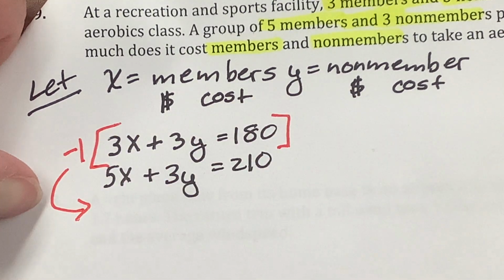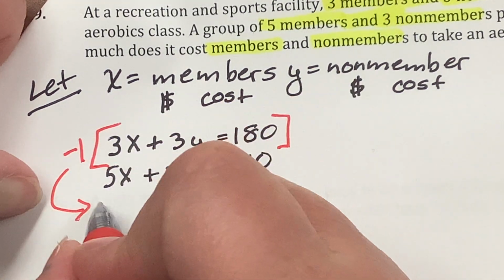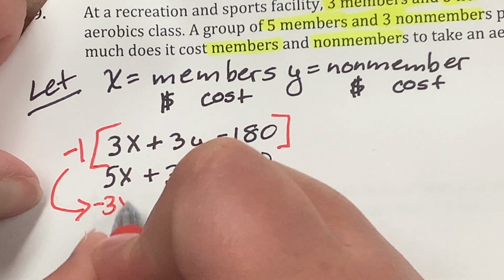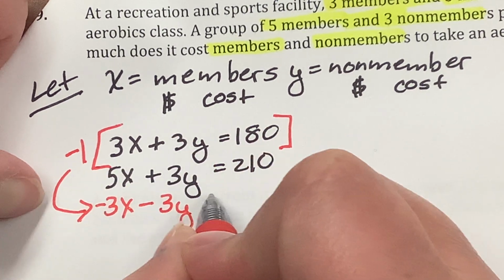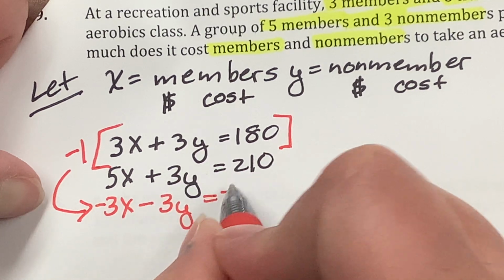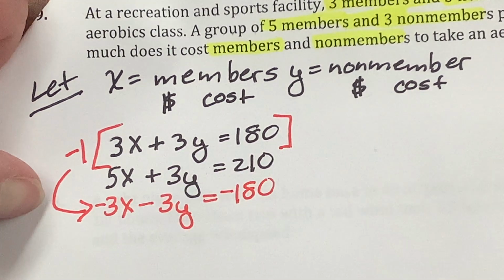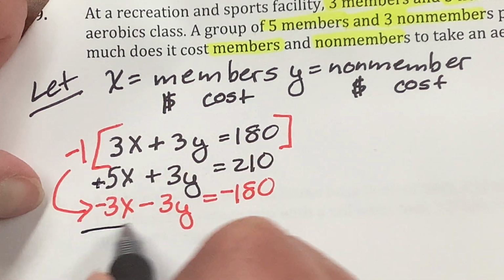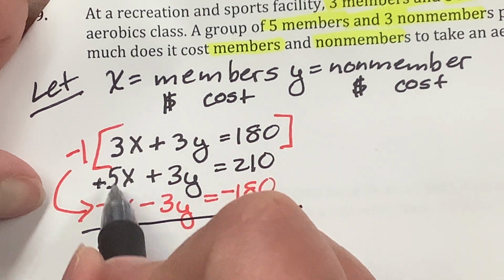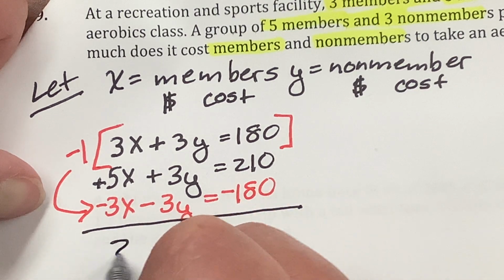And I get -1 times 3x is -3x. -1 times 3y is -3y. And -1 times 180 is -180. Aha! Now I can just add these two together. 5x minus 3x is 2x.